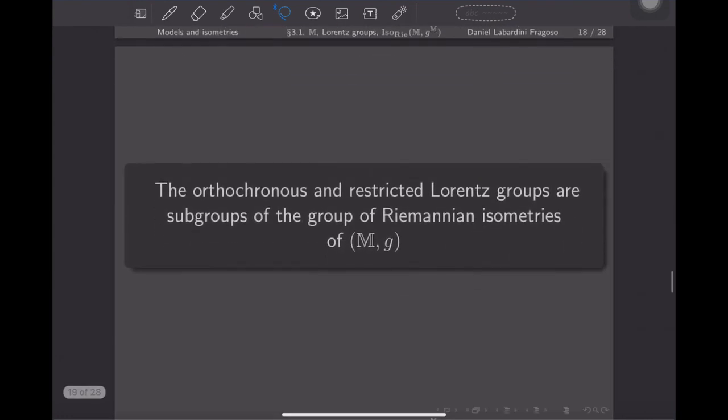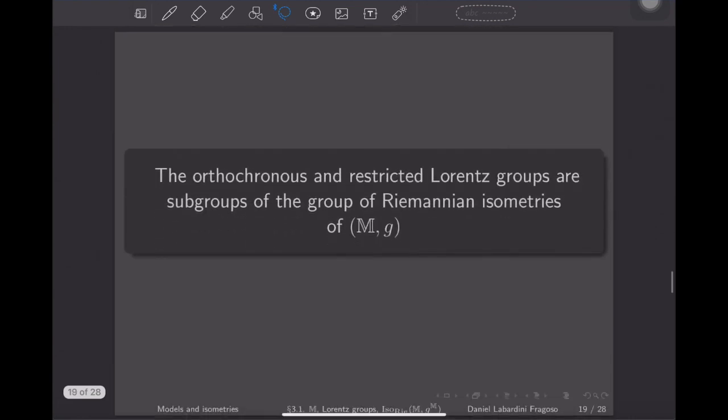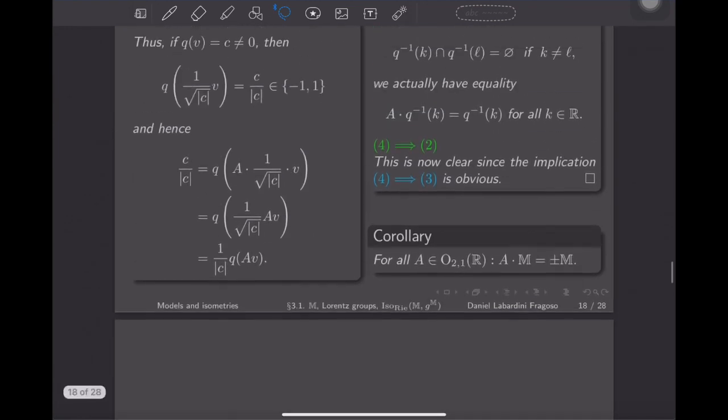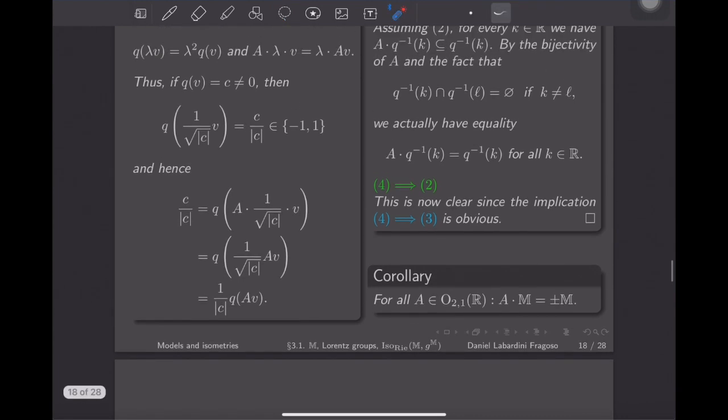Okay. So now I ran out of time. Just to conclude: the certain group of matrices that I defined, just as a group of matrices preserving Minkowski's form, is really related to preserving the hyperboloid.